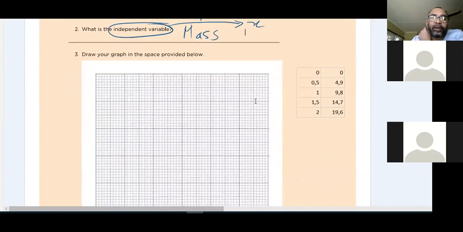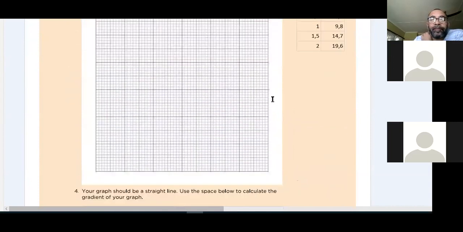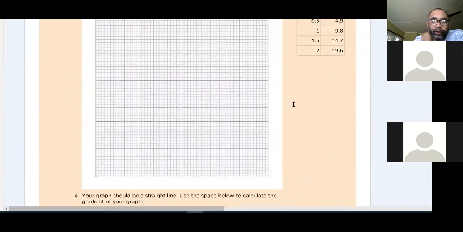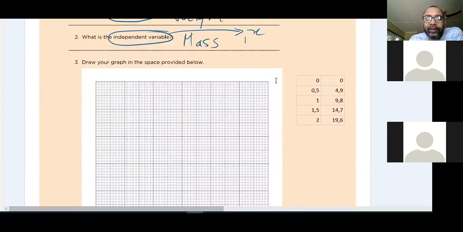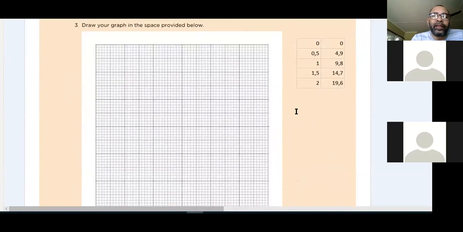Now, a couple of things about the graph. Before you even start plotting points, there are probably 4 or 5 marks that you can bank very easily by getting this right. Firstly, you need a heading, and you can put a fancy heading if you like. We're going to go graph of weight versus mass.